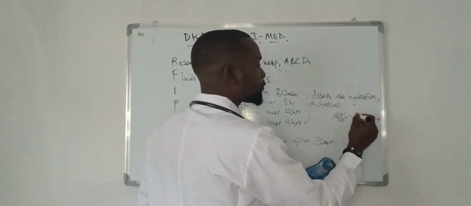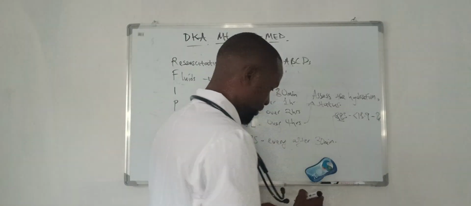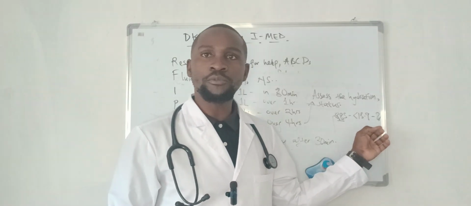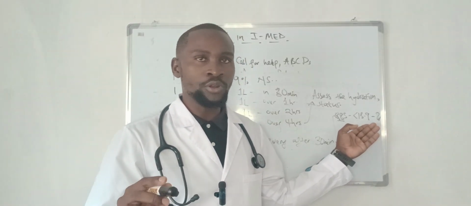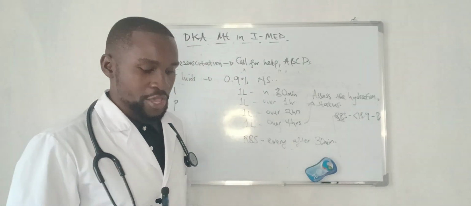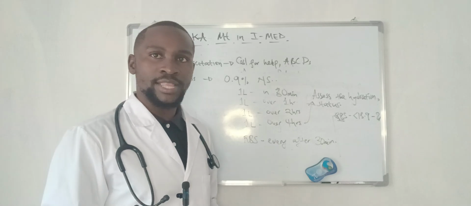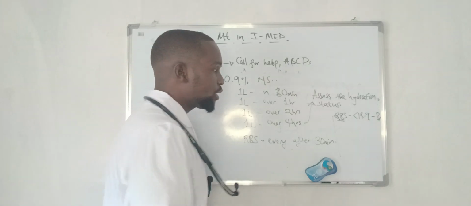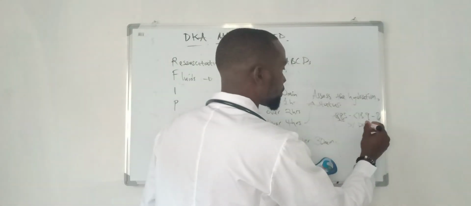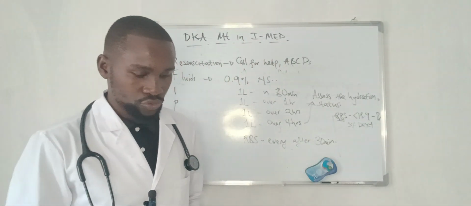If your RBS falls below 13.9, between 8 millimoles per liter and 13.9, if the RBS falls within these ranges, you are going to switch from the 0.9% normal saline that you are giving, and start giving 5% dextrose. So you start the patient on 5% dextrose.